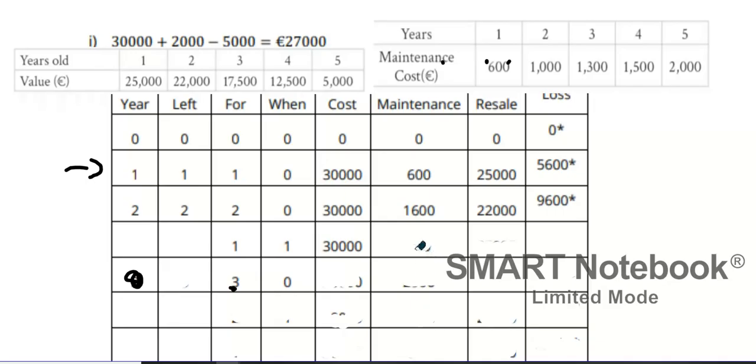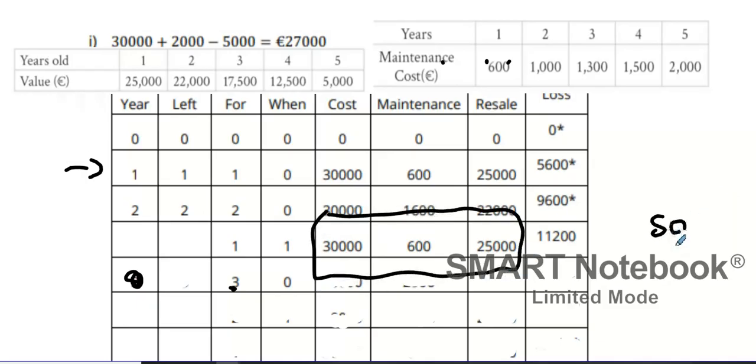Next one is 30,000. Maintenance cost for 1 year, is it? 600. You sold it after a year, which is 25,000. And then you get 5,600. Sorry, whoa, I'm wrong. Why? So when I do this part here, it's 5,600.